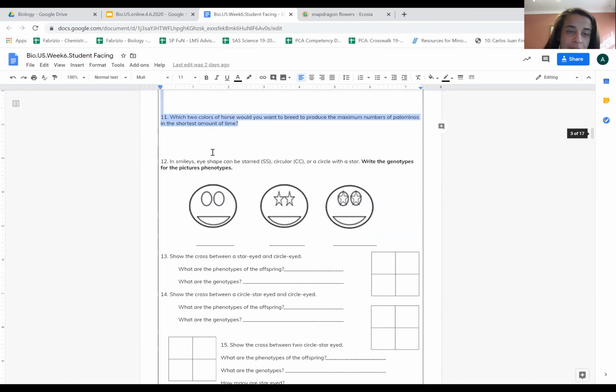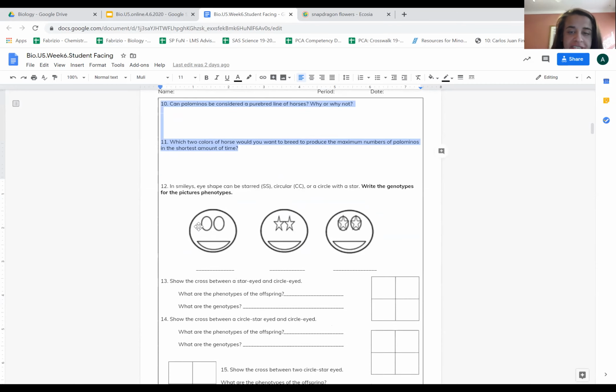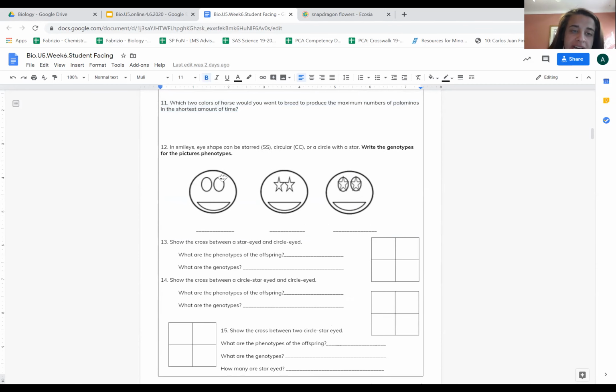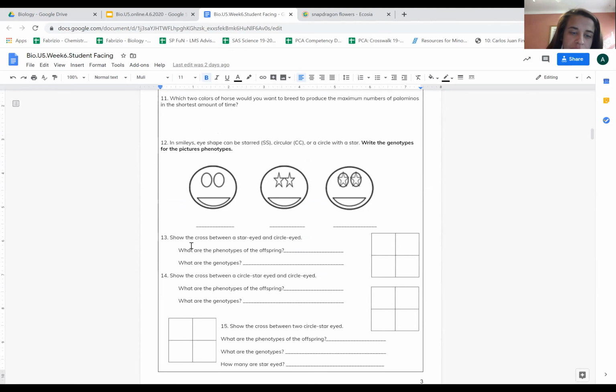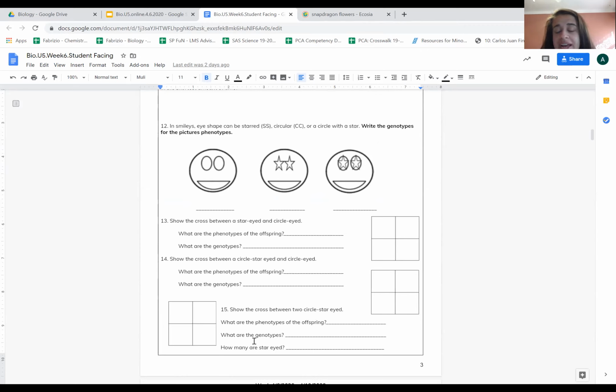So now you should have completed 10 and 11 on the 3rd page of your packet. So now let's complete 12 through 15 on page 3. You are just going to complete questions about these weird regular circular-eyed versus starry-eyed versus circle star-eyed individuals here. So pause me now to do that.